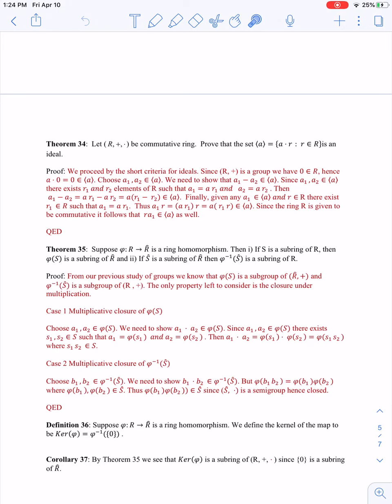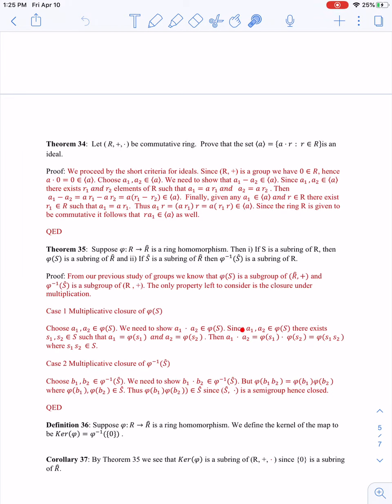So the only property left to consider is the closure property under multiplication. So let's look at the multiplicative closure of phi of S. I pick two things in phi of S. I need to show that when I multiply them, I land back in phi of S. Remember, I'm just proving subring, not ideal.